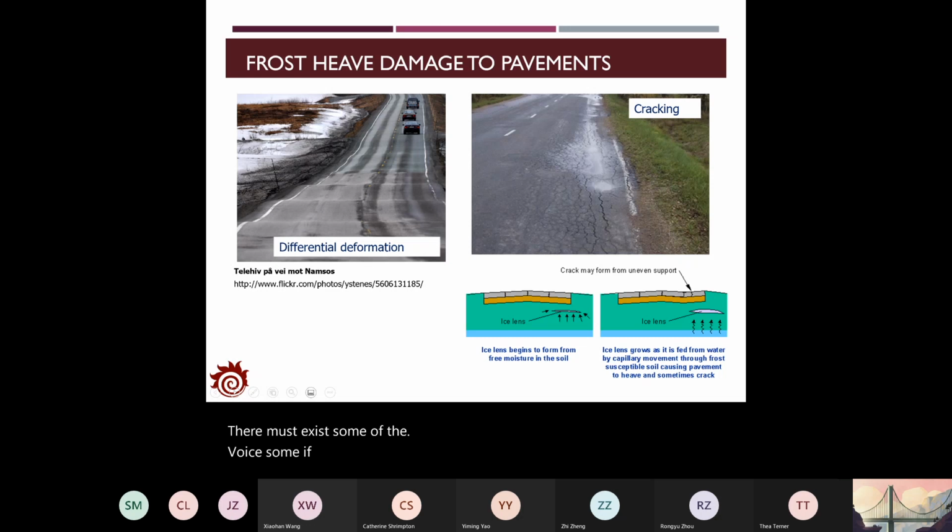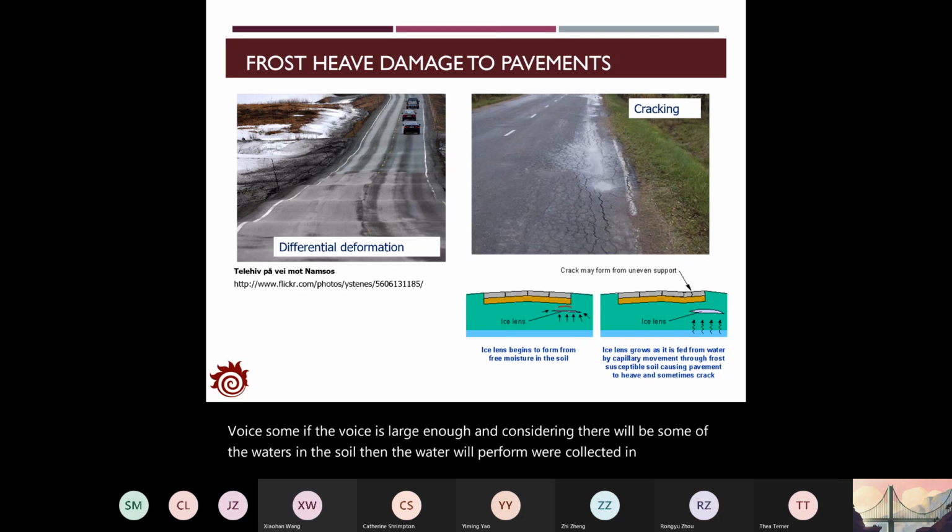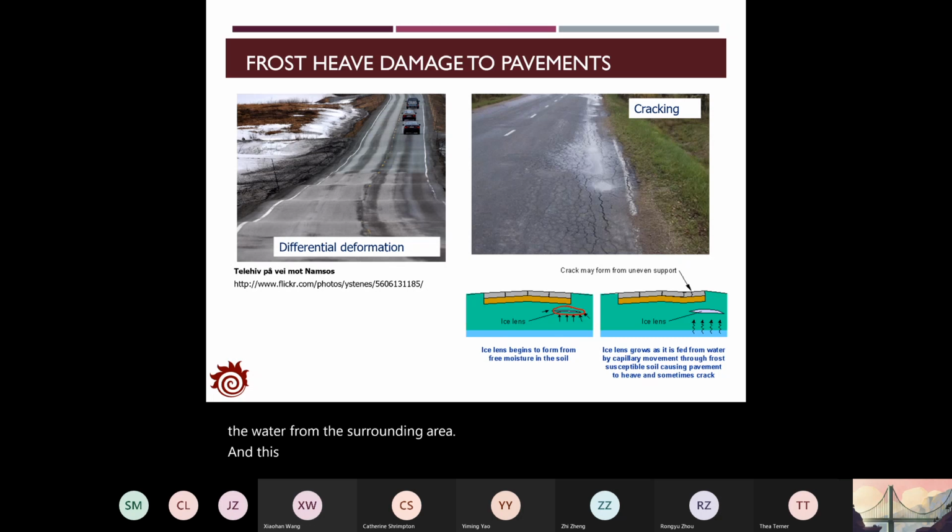If the void is large enough, and considering there will be some water in the soil, then the water will collect in the void, and due to the very low temperature, it will become ice, and it will make the void larger, and in the meanwhile it will attract water from the surrounding area, and this is one effect.